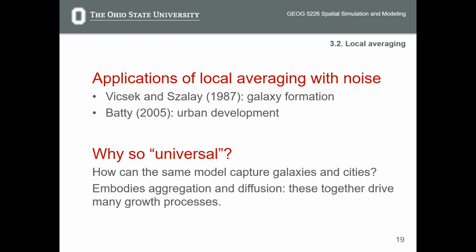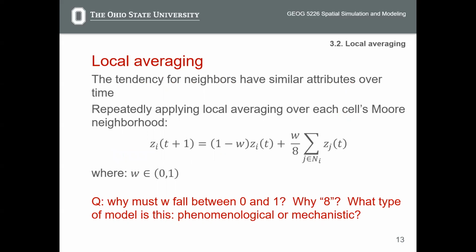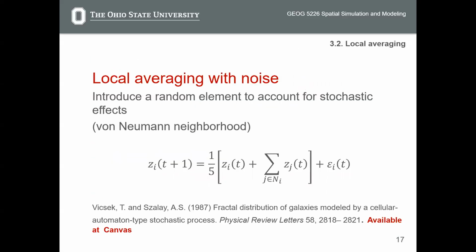Okay, so you can say that this is the power of building blocks. This local averaging model, without noise and with noise, is pretty simple. They do not have any context. It's only cells. You can define cells as anything you want.